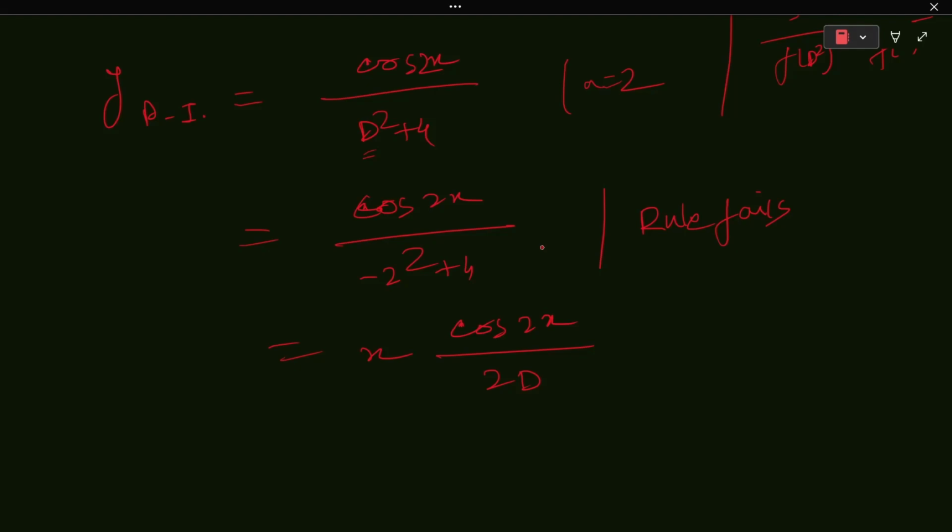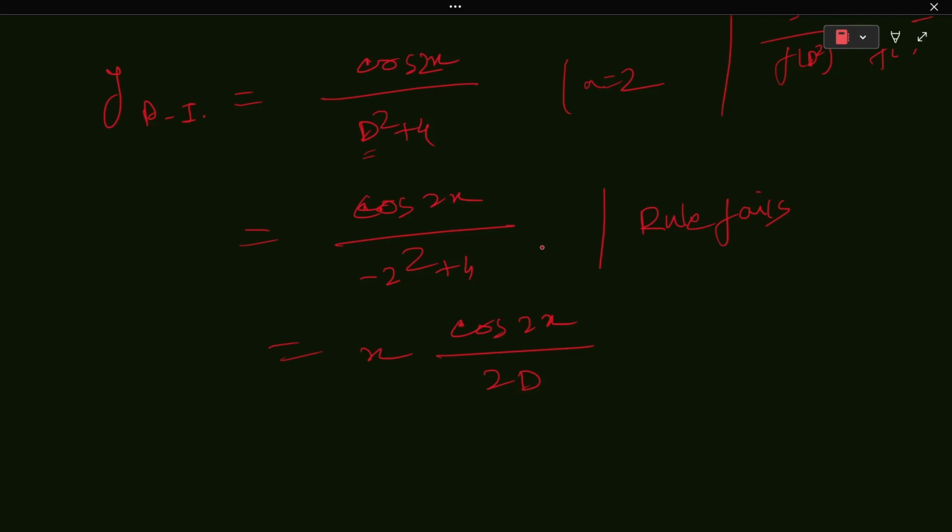Because if we want to make a function of f of x, there has to be a term f of x in the expression. So the same thing occurred here. You need to bring a term where we have D square.